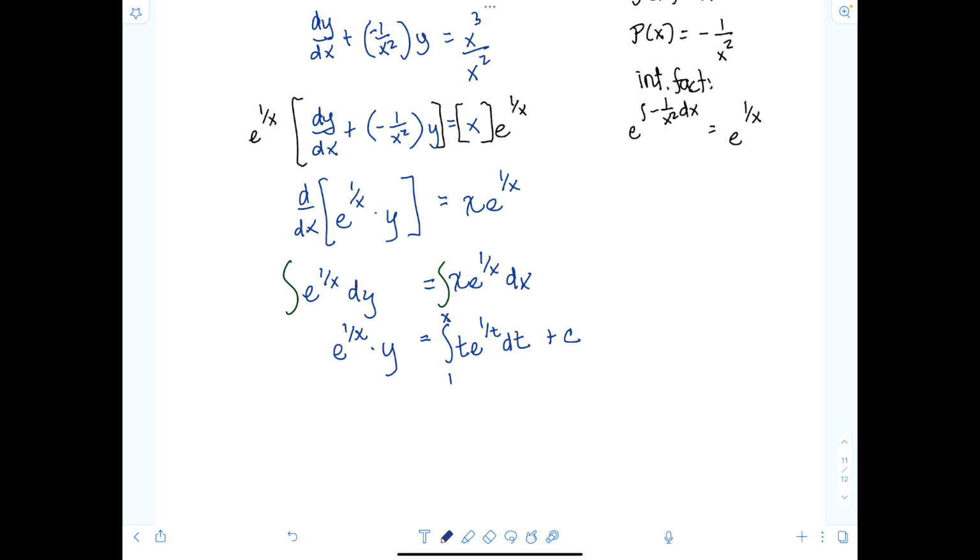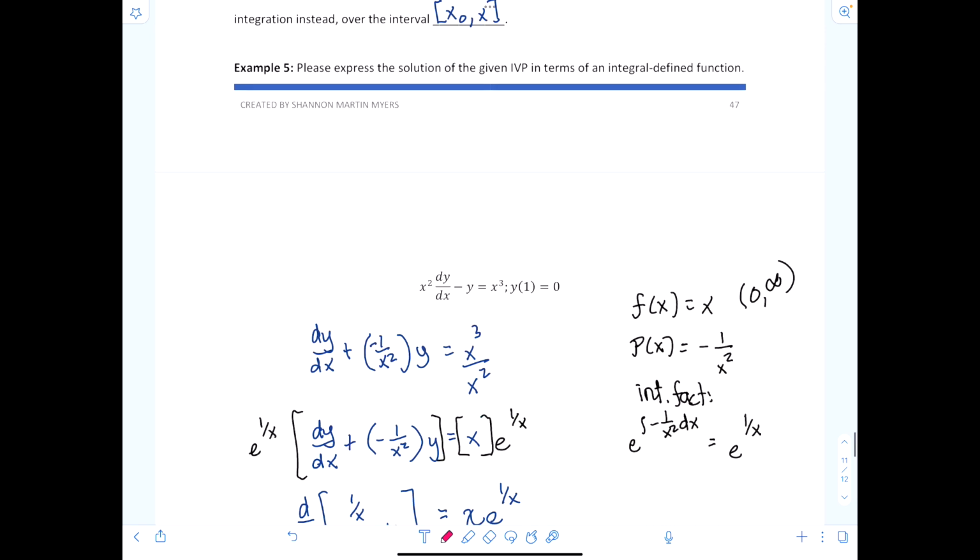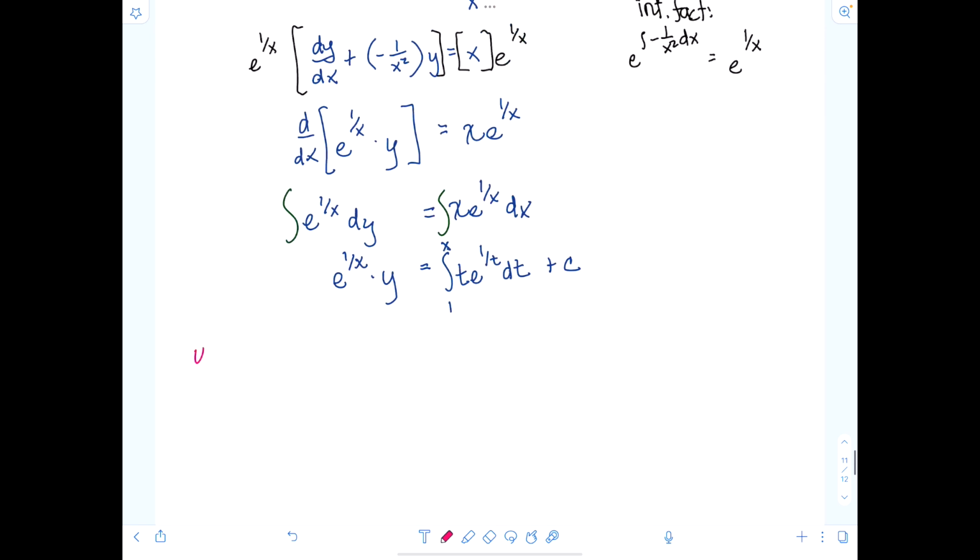And then putting in our initial condition here. What was that again? y at 1 is 0. So that means that we'll put in a 1 for x, 0 for y, the integral from 1 to 1 of t e to the 1 over t dt, and then plus c.